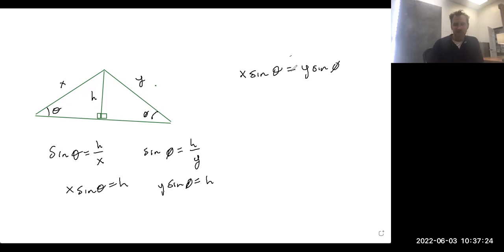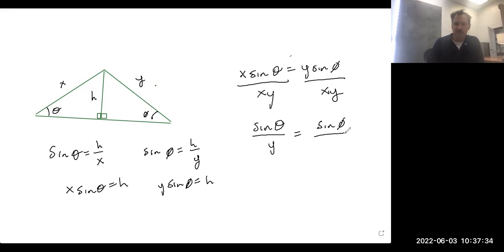And now with a little bit of manipulation, let's divide by xy on both sides. We end up with the basic concept of the law of sines, which is that the angle across from the side forms a ratio pair that's equal regardless, and I'm throwing in the other one here by extension.